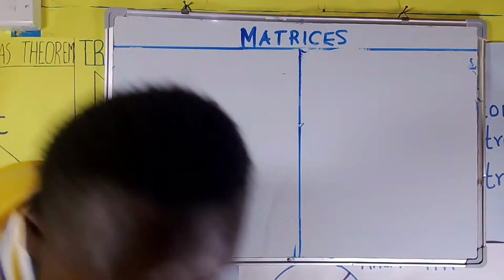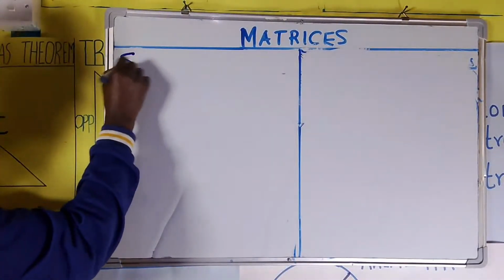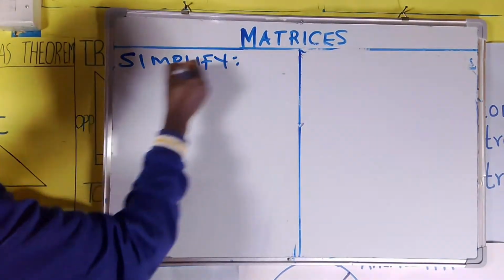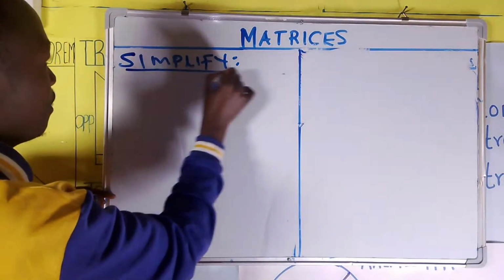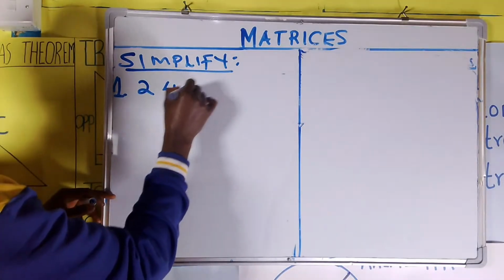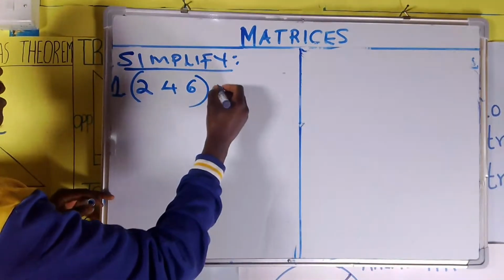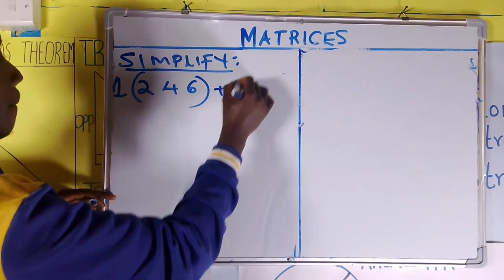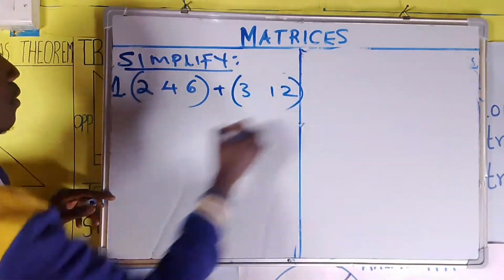Wacha nikupatia assignment hapa. Hizi tu ni introduction za ku brainstorm. Simplify 246 plus 246 plus 312.